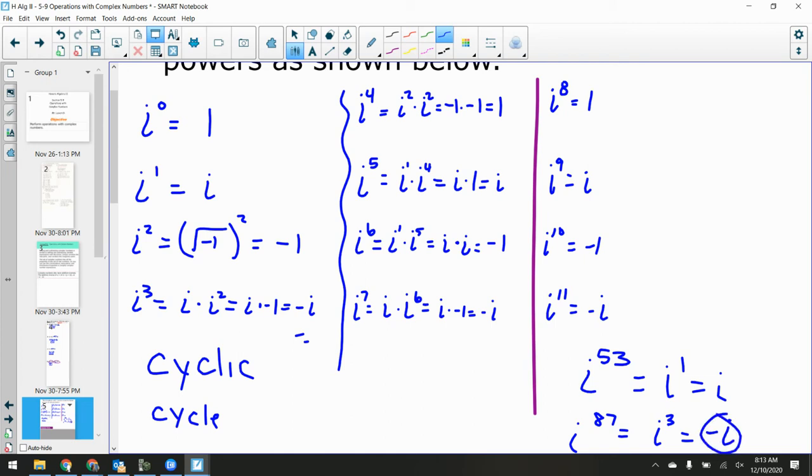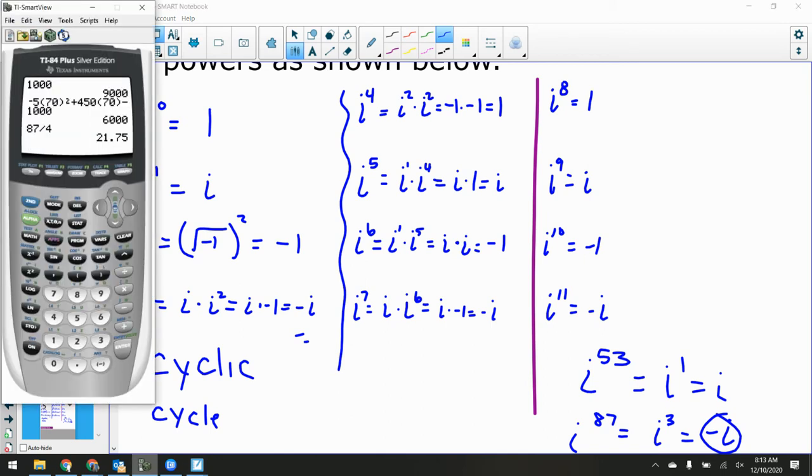What did I do there? Again, I divided by 4. I wanted to figure out how many full cycles of 4 I had within 87. I had 21 full cycles of 4. And then I had a remainder left over of 0.75. 0.75 is 3/4, right? So I had 21 and 3/4.